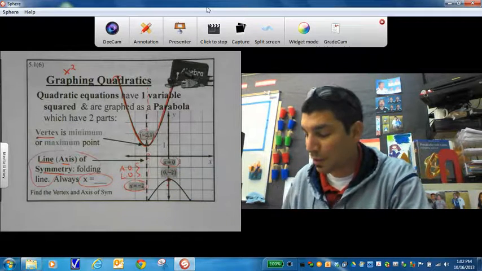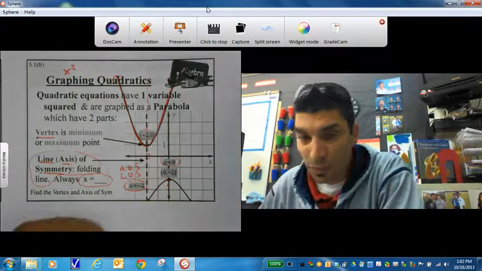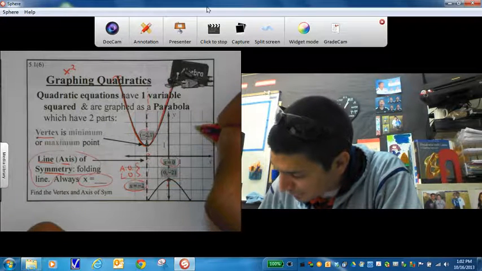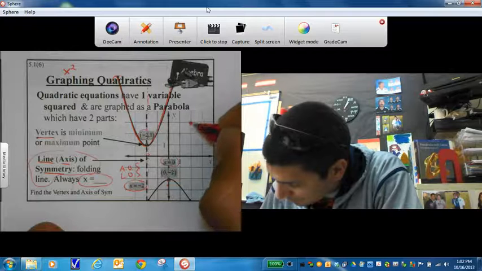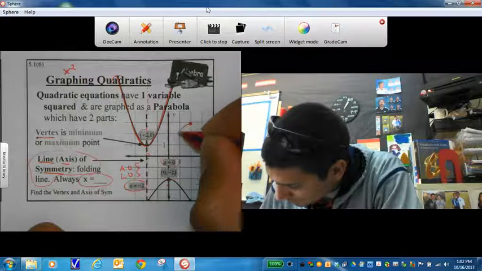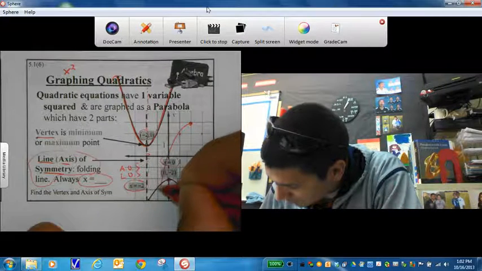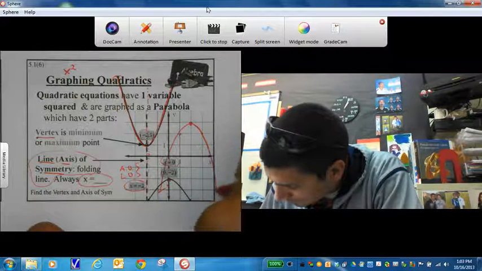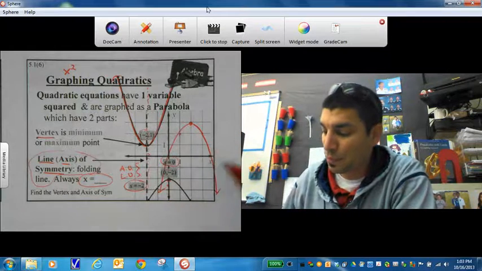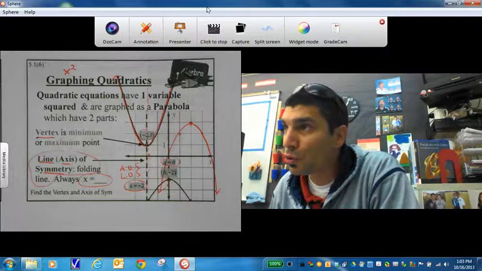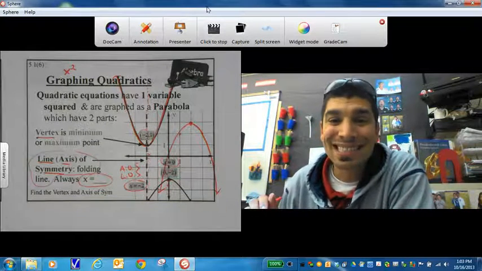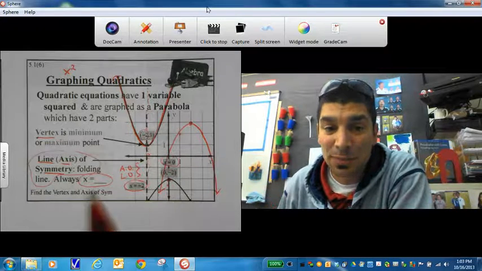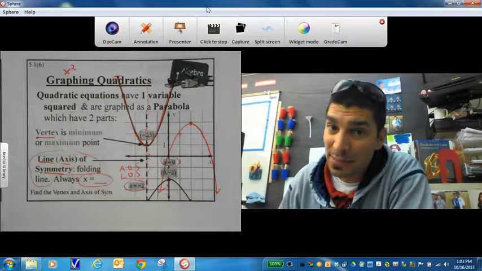So here's what I want you to do on your whiteboards. I'm going to draw a parabola. Here's a parabola. I just drew a new one. I want you to figure out what is the vertex and what is the axis of symmetry, or the line of symmetry. Doesn't matter how I ask it.